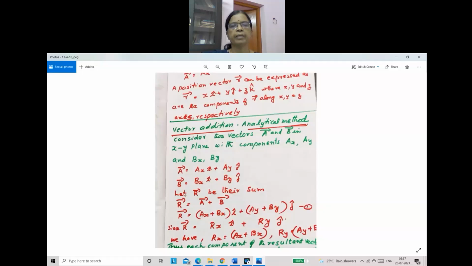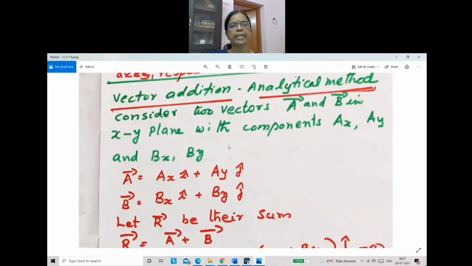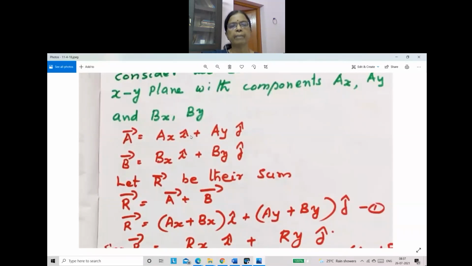Consider vectors in a plane with components ax, ay, and bx, by. For example, vector A is written as ax i cap plus ay j cap. Ax means the component of vector A along the x direction.